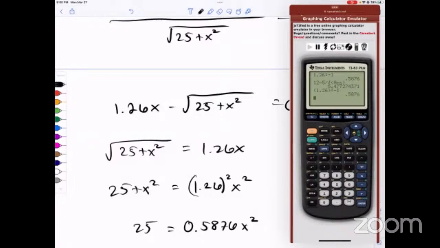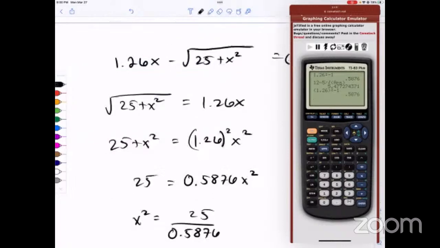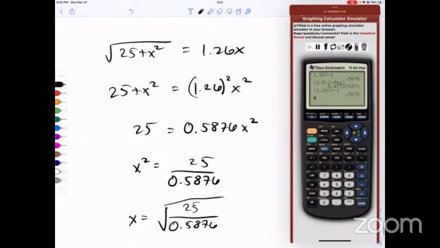So then it should be 5 over 0.5876. Okay. So then it should be 12 minus 5 over the square root.